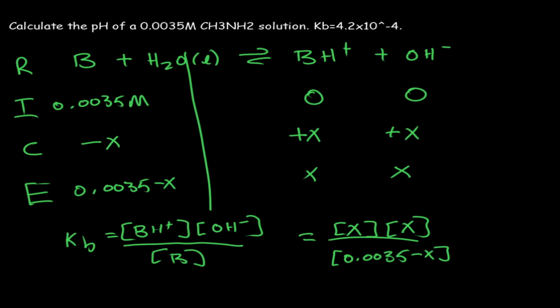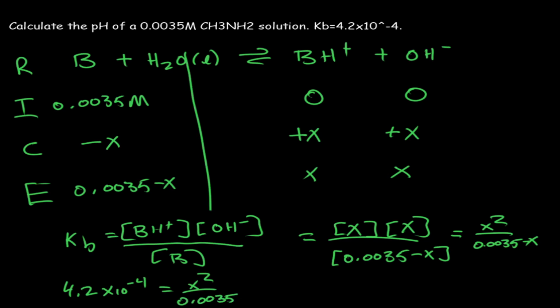This can be simplified to x squared over 0.0035 minus x. And our Kb is 4.2 times 10 to the negative 4, so we'll set that equal to x squared over 0.0035 minus x. And the next step is to solve for x.